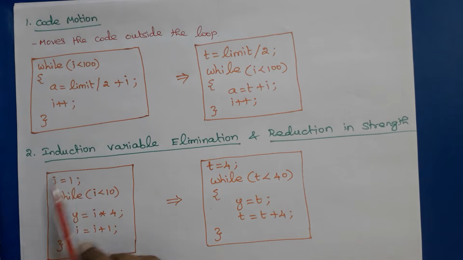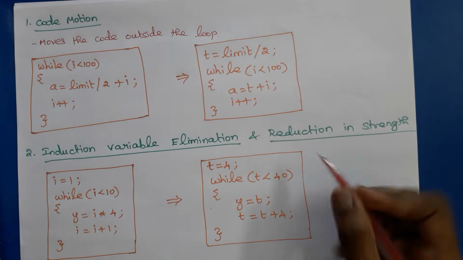So here I is initialized as 1 and the loop is executed 9 times, 1 to 10, so it's less than 10. At the end of the loop, I is incremented by 1, and each time the y value is multiplied by 4.